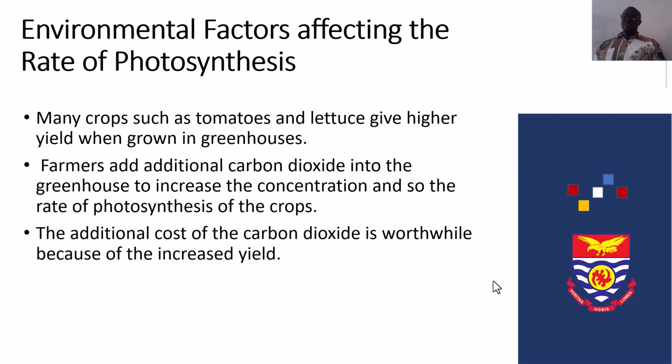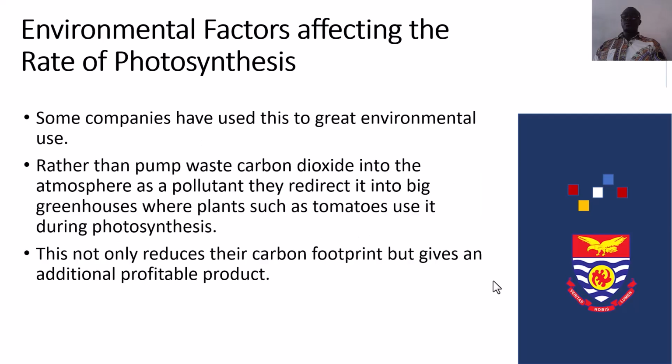So as we discussed in the figure, many crops such as tomatoes and lettuce give higher yield when grown in greenhouses. Farmers add additional carbon dioxide into the greenhouse to increase the concentration, and so the rate of photosynthesis of the crops. The additional cost of the carbon dioxide is worthwhile because of the increased yield.